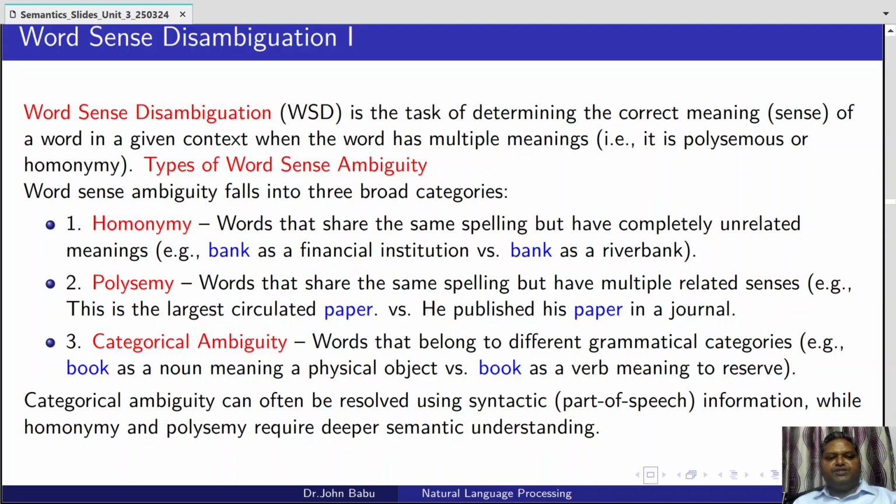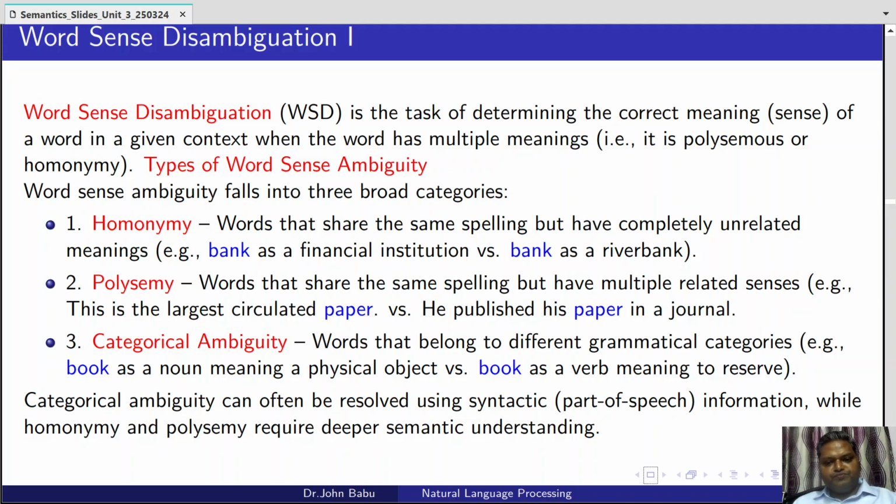This ambiguity occurs because of three reasons. There are words which share same spelling, same pronunciation, but they have completely unrelated meaning. Those type of words are homonyms, and that phenomena is known as homonymy. For example, you have bank. Bank may be referring to financial institution.